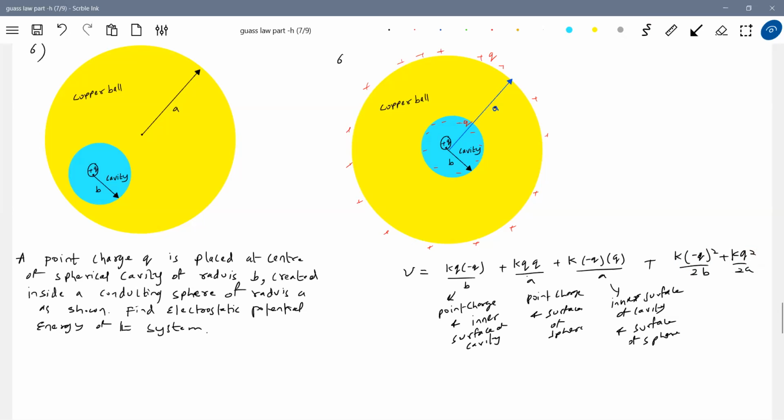Okay, the simplification of this: total energy will become kq square by 2, 1 by a minus 1 by b.